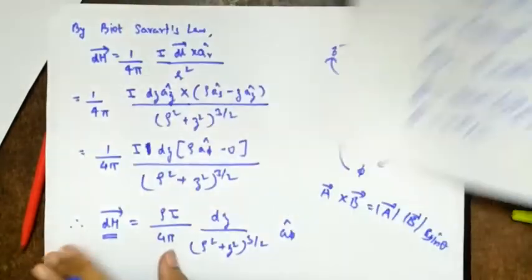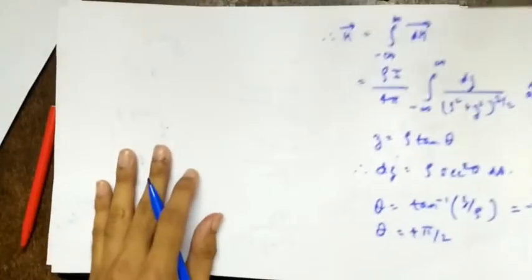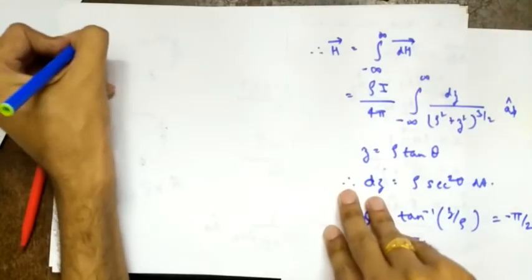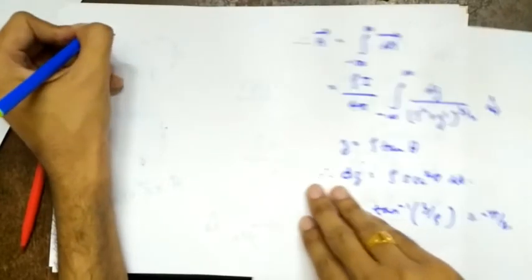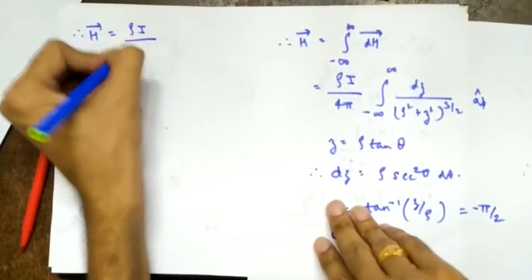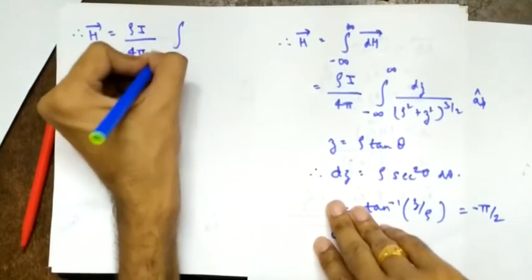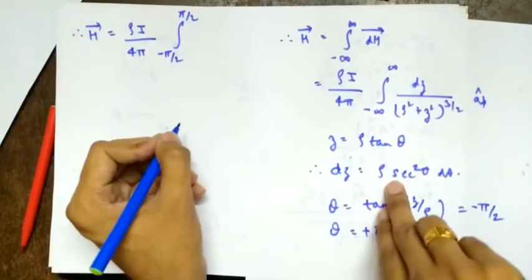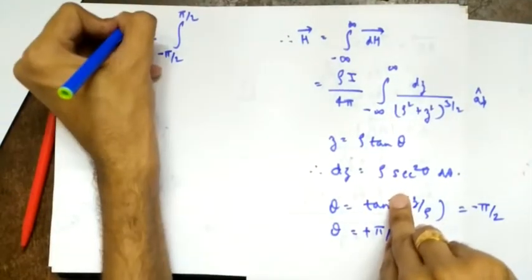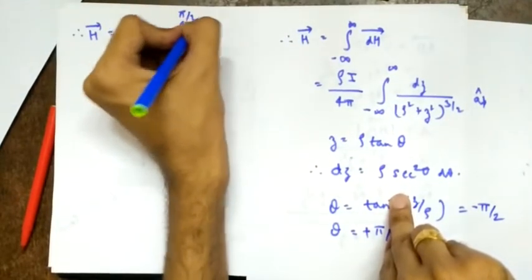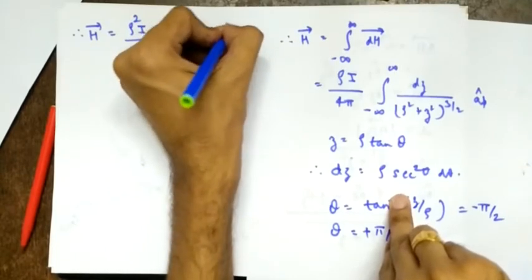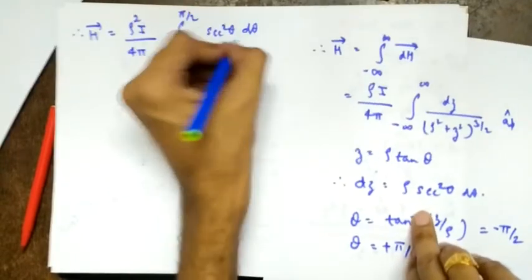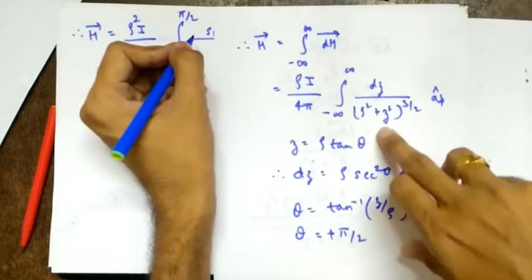So what will be our new expression? Let me use a new page. Therefore H vector equals rho I upon 4 pi, integral from minus pi by 2 to pi by 2. dz will become rho secant square theta d theta. So this will become rho square, since it is a constant, secant square theta d theta upon rho square plus z square.